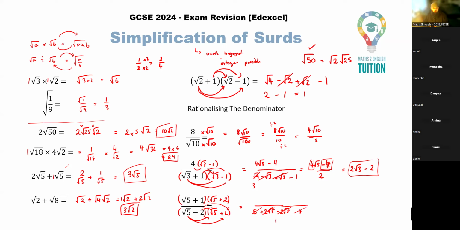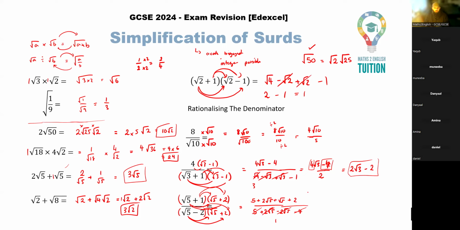Now, let's do this one over here. Square root of 5 times square root of 5 gives me 5. Square root of 5 times 2 gives me plus 2 square root of 5. 1 times square root of 5 gives me plus square root of 5, and 1 times 2 gives me 2.